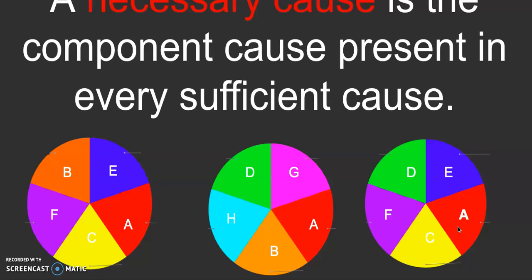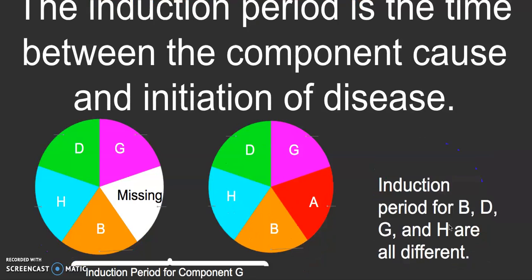So every single example of flu has to come from some exposure to the flu virus. And so this is the necessary cause that slots in and is a cause of the disease in every sufficient cause.